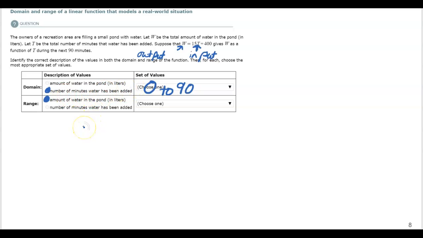And we want to find W at 0 minutes, because if we find the value of W at 0 minutes and at the end, W looks like Y. This way I know all the values that Y could be, or all the different amounts of water that are in there.